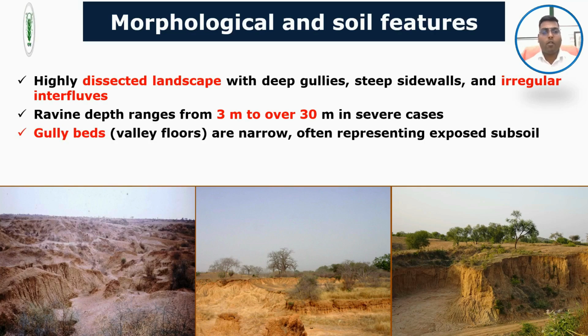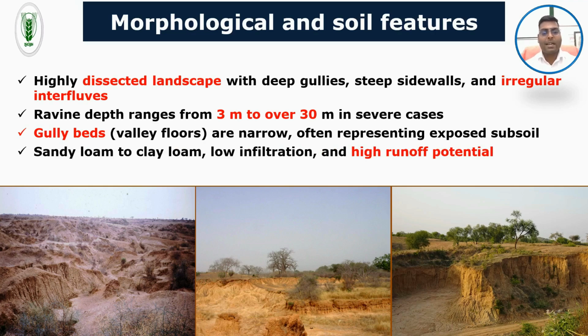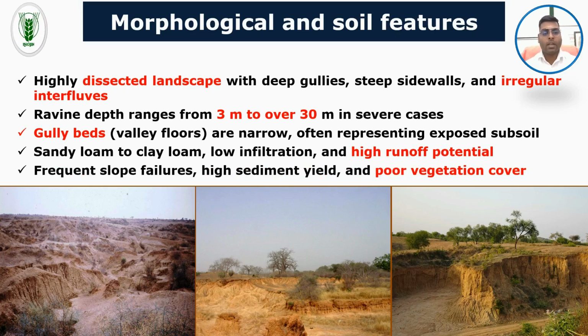The valley floor or gully beds are very narrow, often representing the exposed subsoil. The soils are generally sandy loam to clay loam with low infiltration and high runoff potential. Such areas show frequent slough failures, high sediment yield, and poor vegetation cover, making them ecologically fragile.